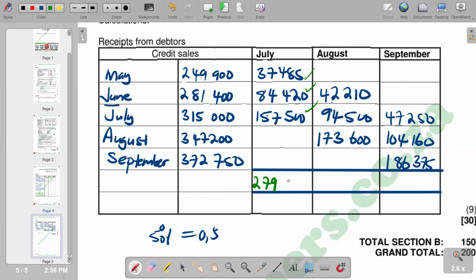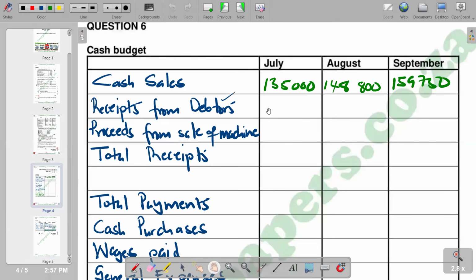We do the same for August, adding everything in the August column, and we get 310,310. Do the same thing for September, adding everything in the September column, and we get 337,785. These are the receipts that we are going to carry to the cash budget as receipts from debtors.